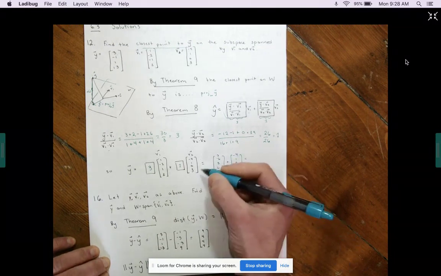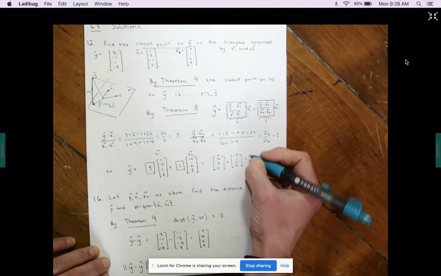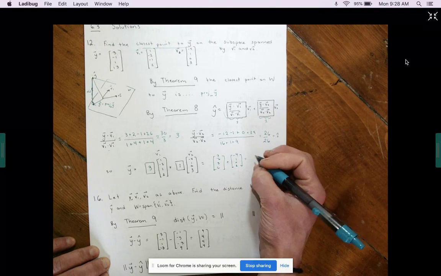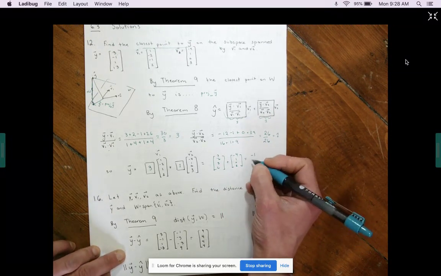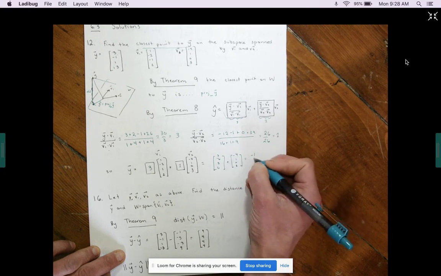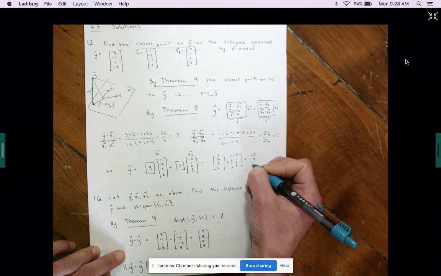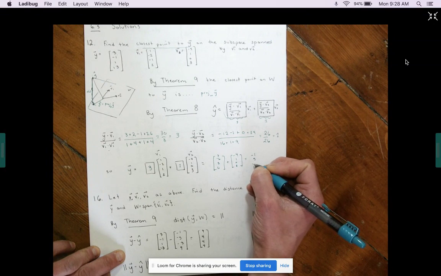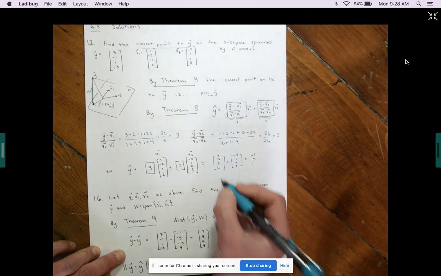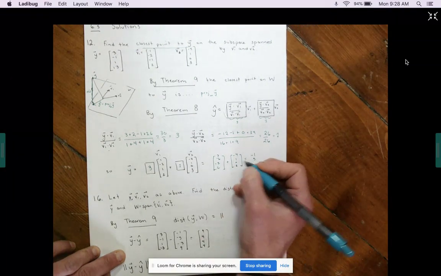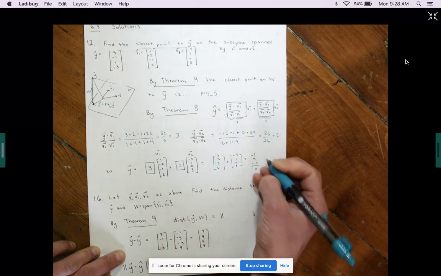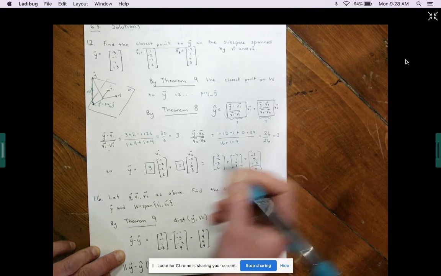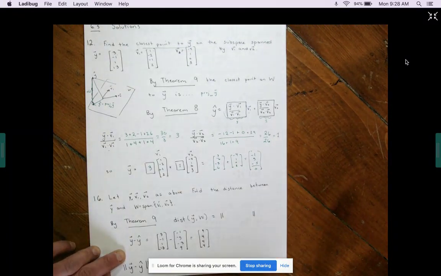And then adding component-wise, I will get negative 1, and then 5, negative 3, and 9.